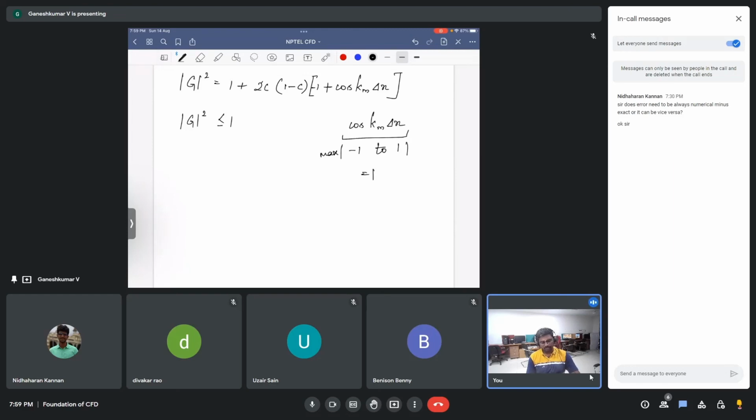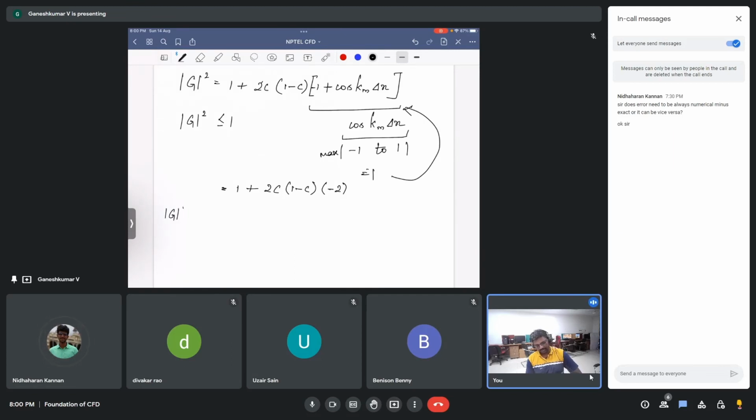If you substitute this 1 here, what happens? This term becomes 0. Let's say if you substitute minus 1 here, what happens? We get 2c into 1 minus c into minus 2. So this is the maximum.